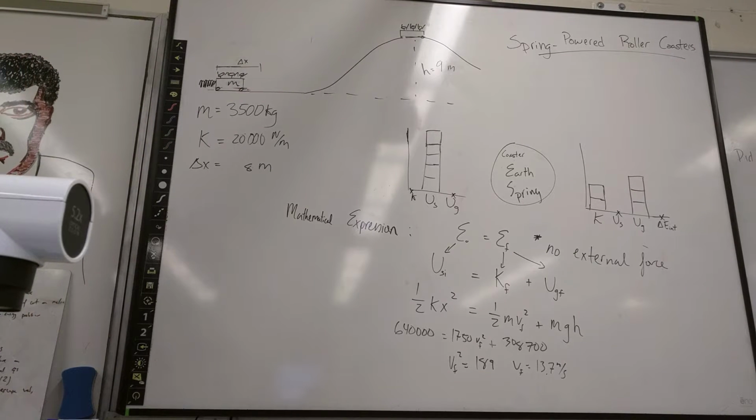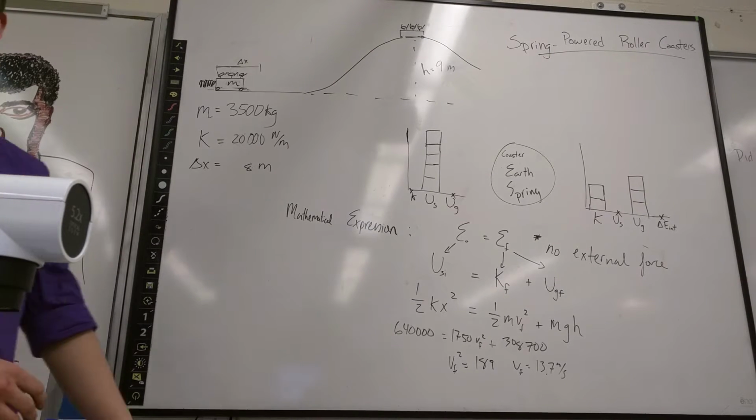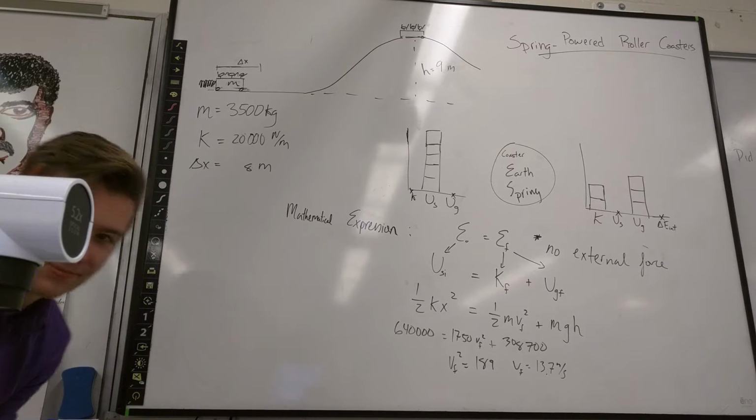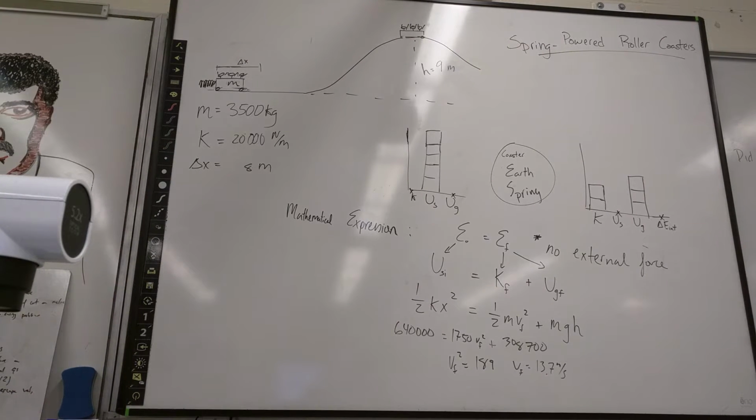And I threw this question out at Miss Dom, what can we ask about this situation? And she came up with some dynamite questions. What could we ask? So, if you were to launch that roller coaster as is, and then it were to go into a loop-de-loop, would it make it?